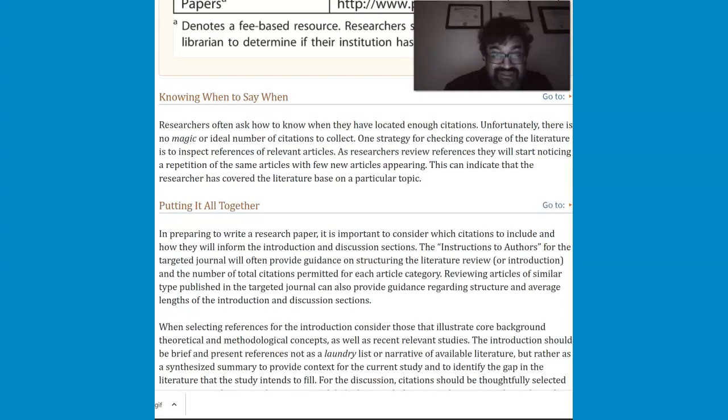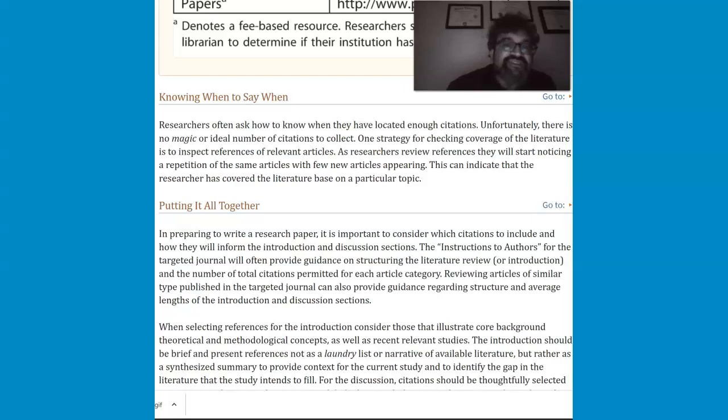Knowing when to say when. Researchers often ask how to know when they have located enough citations. Unfortunately, there's no magic or ideal number of citations to collect. One way to check if you've covered the literature is to inspect references of relevant articles.